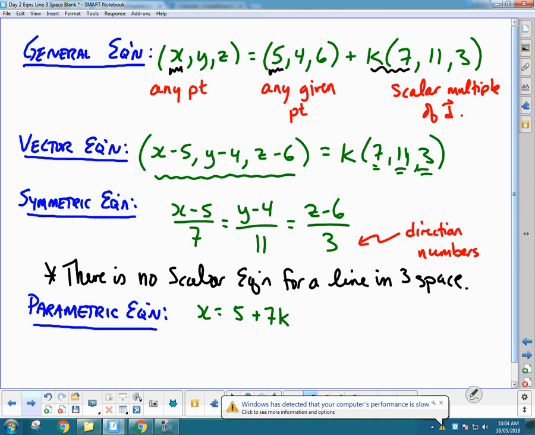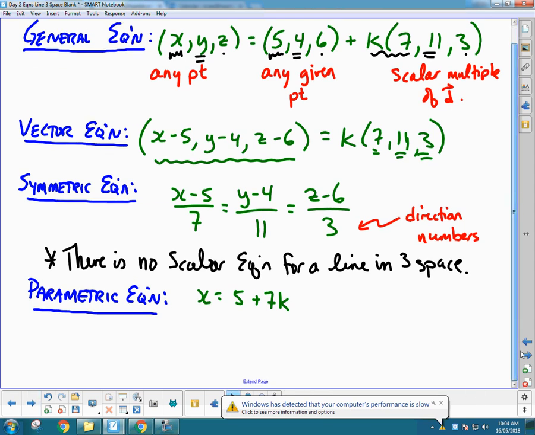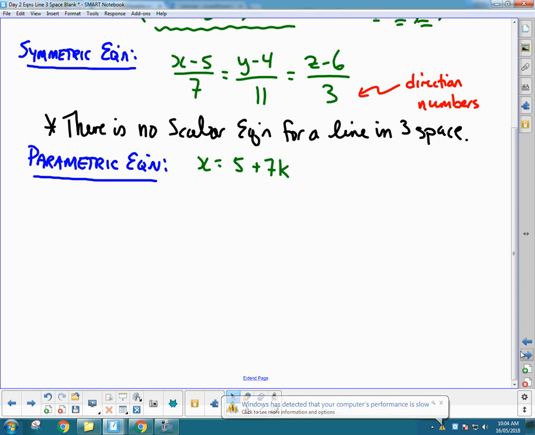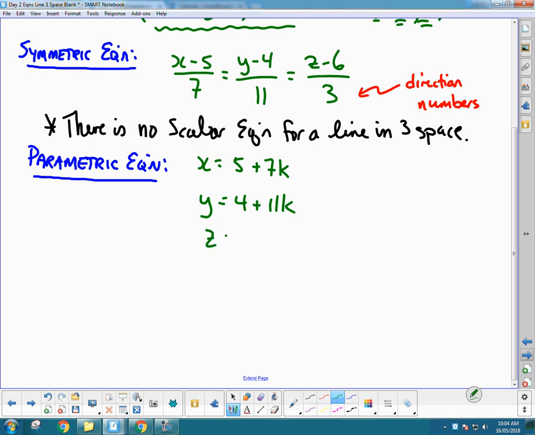The other two are going to come from the same spot. Y is equal to 4 plus 11k, and z will be equal to 6 plus 3k. So good news, that looks just like the parametric equations in 2 space, but introduces the z component to make it 3 space.